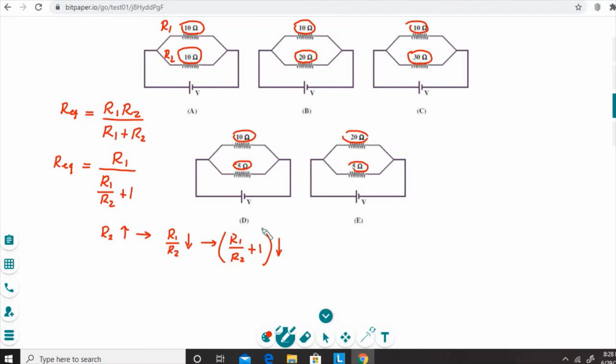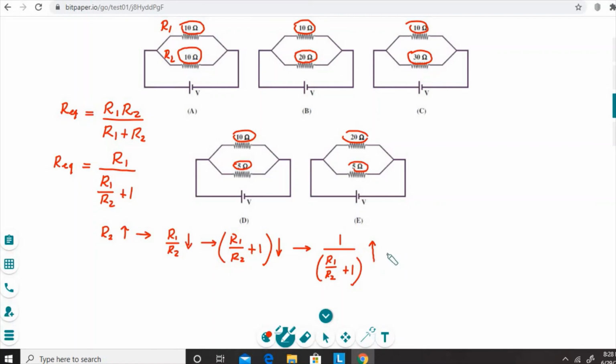Then how about 1 over the denominator, 1 over R1 over R2 plus 1? What do you think will happen to this term? It's going to increase.